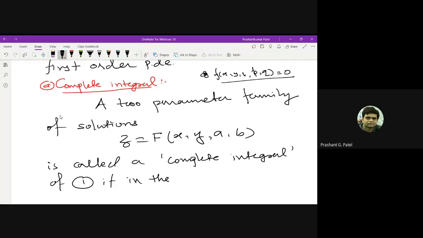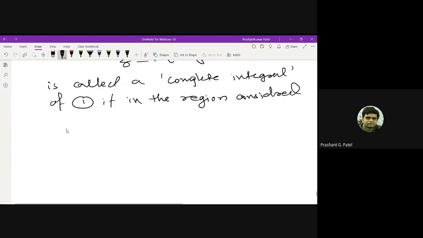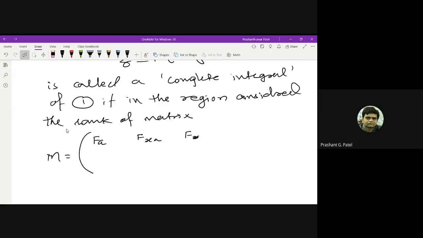in the region, whatever region we are considering, the rank of the matrix, that is, I will say it is M, F_a, F_xa, F_ya, F_b, F_xb, and F_yb is 2.